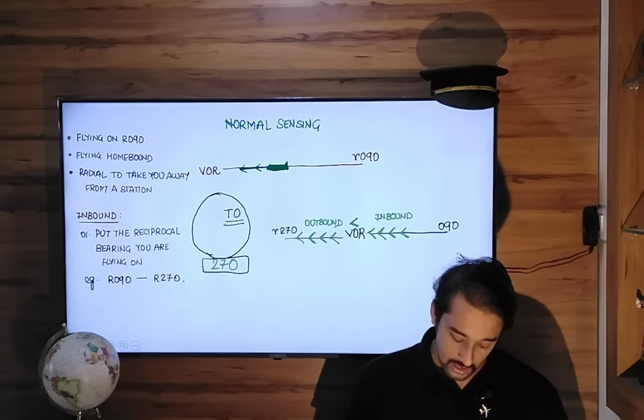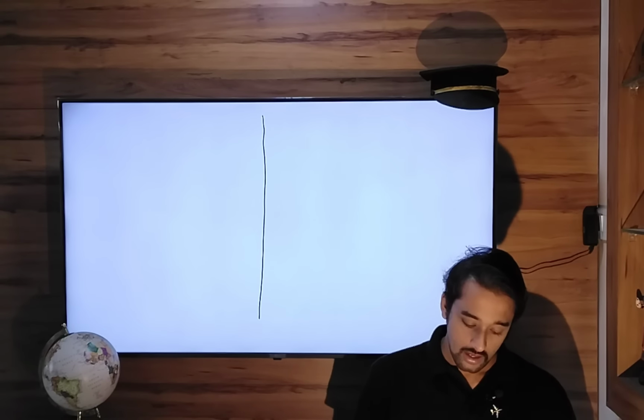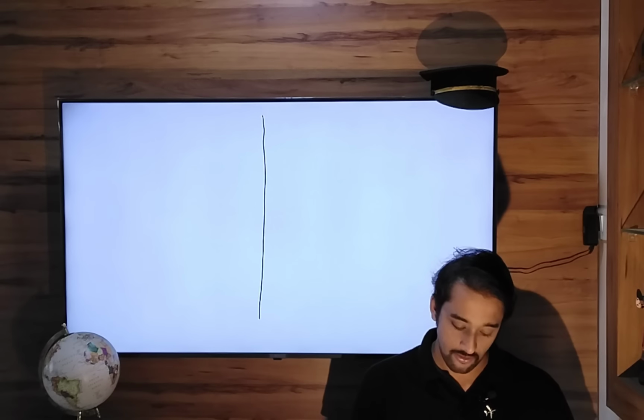So now I will show you the working of the CDI needle. Let's say there are two possibilities in front of us. This is your VOR.